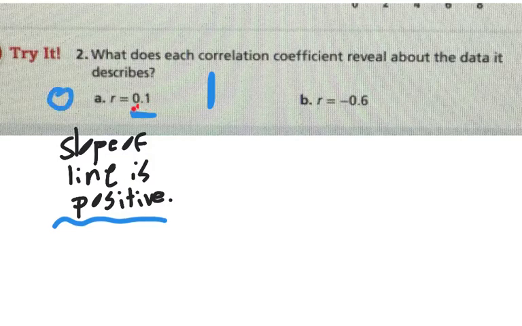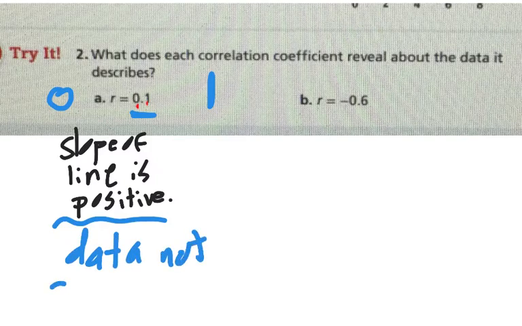Or what is this number? 0.1. So is that closer to 0 or 1? Closer to 0. So we would think that the data is going to be very sporadic, very spread out. So the data is not close to a line.